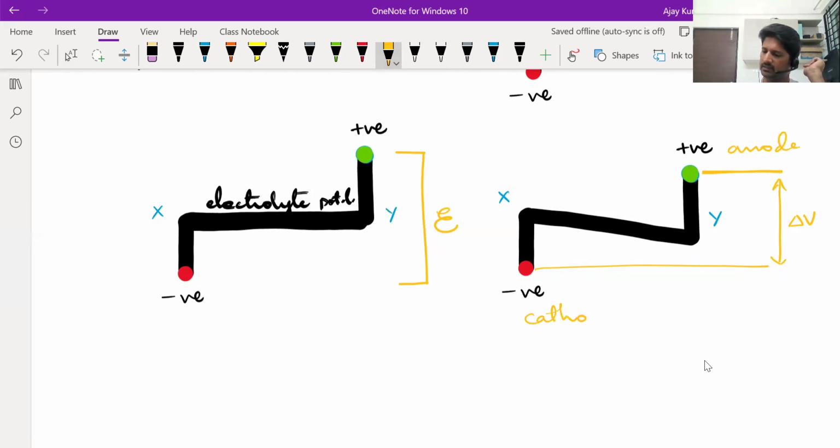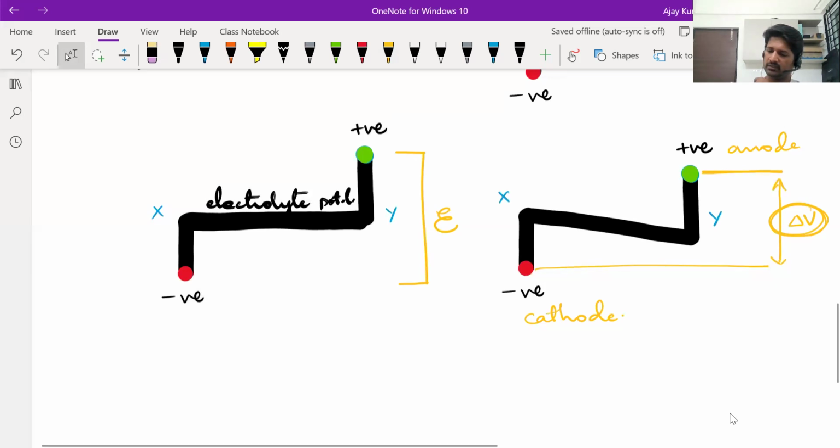Is it greater than the EMF of the cell or less than the EMF of the cell? I'm asking you to compare this delta V to this EMF. Just see and tell. Less. It's clearly less than the EMF.